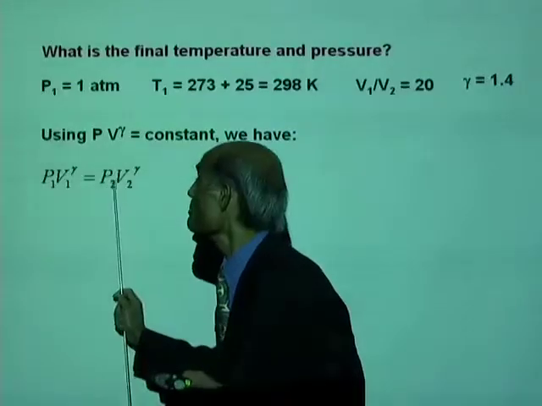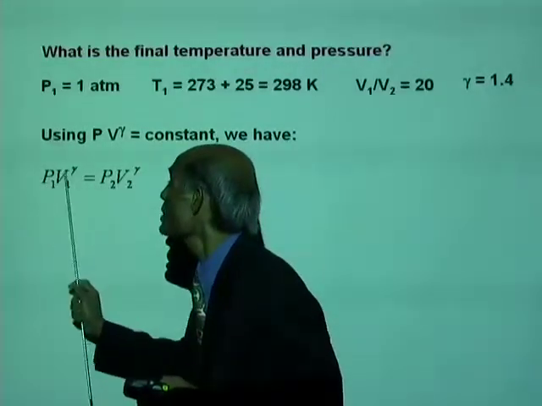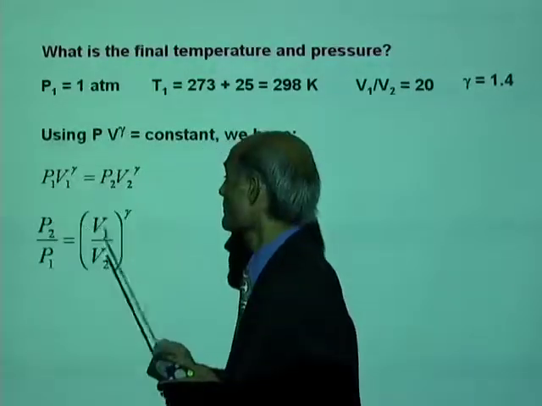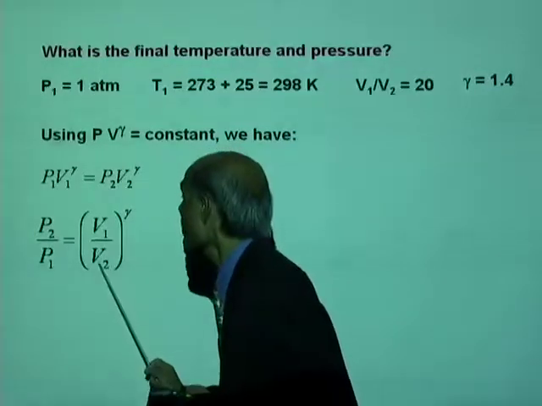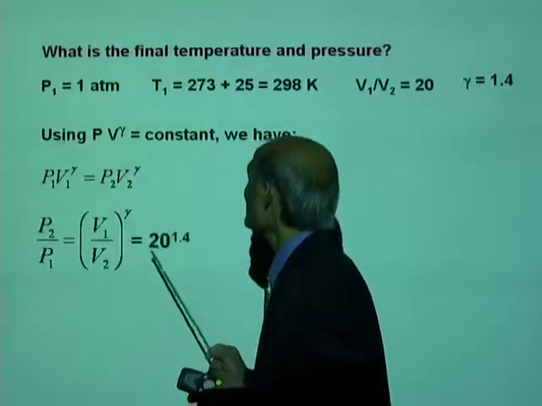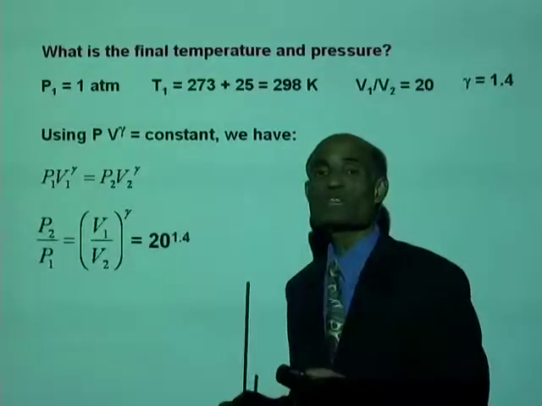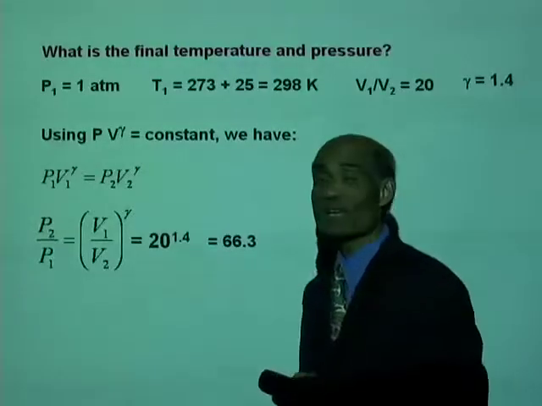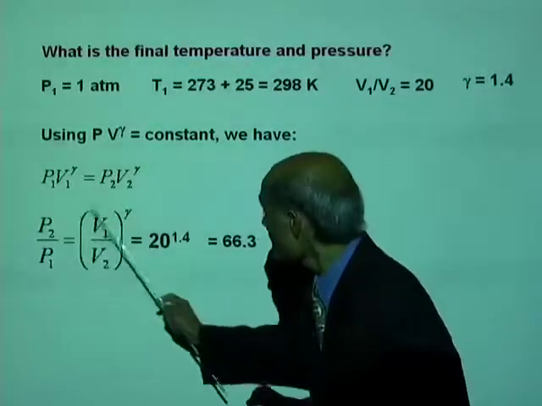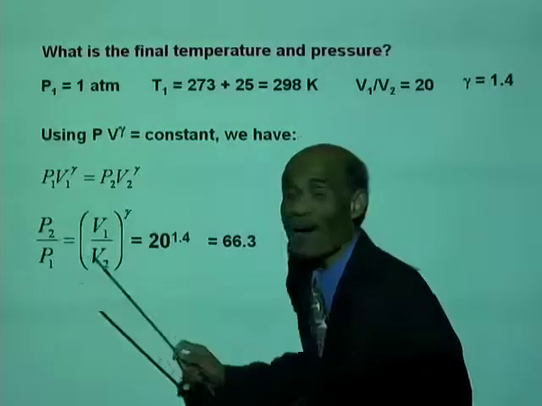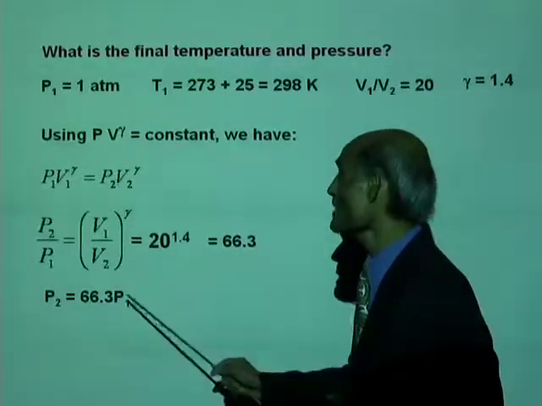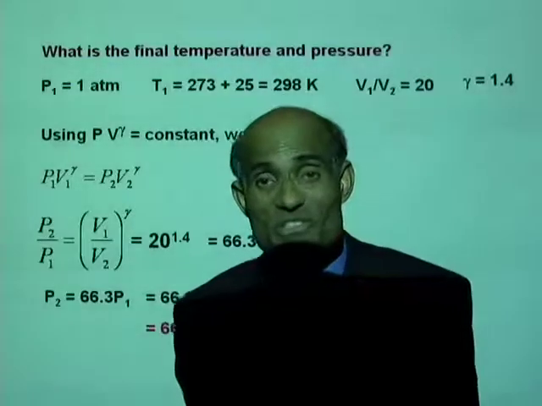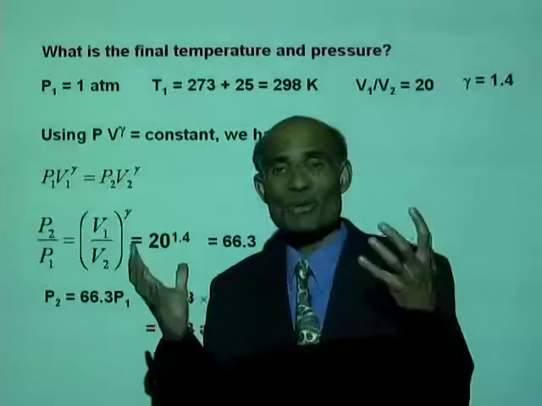P2 over P1 equals V1 over V2 all to the power of gamma. Now V1 over V2 is 20, gamma is 1.4. That is 20 raised to the power of 1.4, that is 66.3. Therefore, P2 is 66.3 times P1, and P1 is 1 atmosphere. Therefore, that final pressure is 66.3 atmosphere.